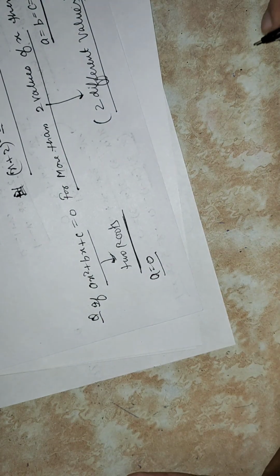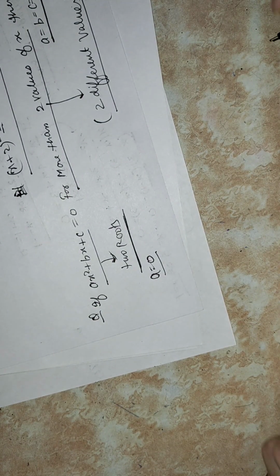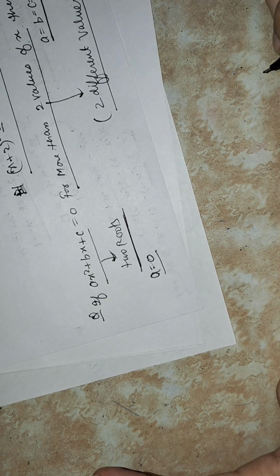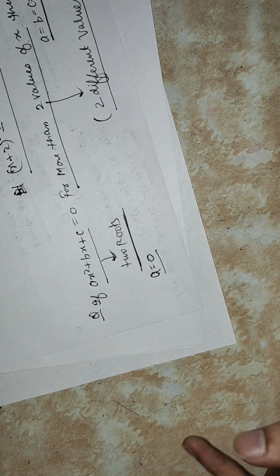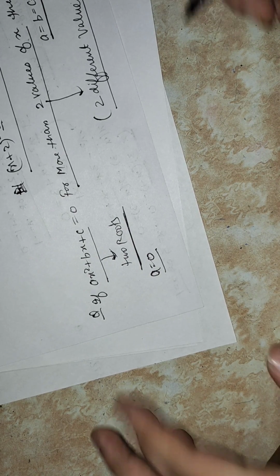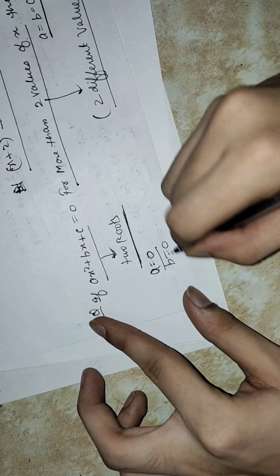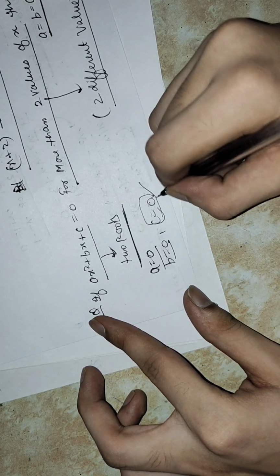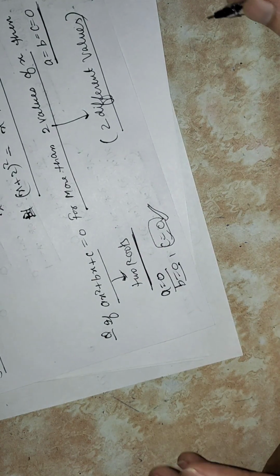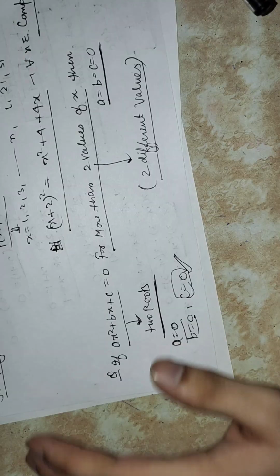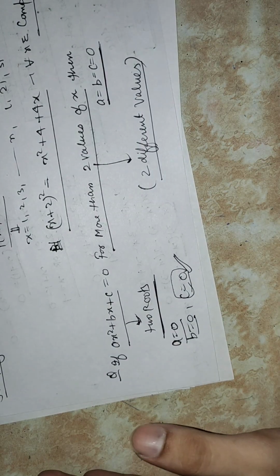If a is equal to 0, then it becomes a linear equation in x, and a linear equation in x can have a maximum of one root. So if it has more than two values of x satisfying it, it cannot be a linear equation. So b is equal to 0 and c is equal to 0, right? If a is equal to 0 and b is equal to 0, then c must be equal to 0. So this is an identity theorem which can be used in questions. Let's see.